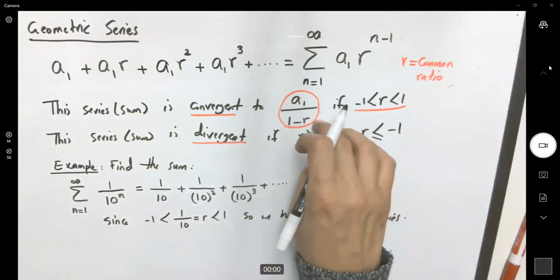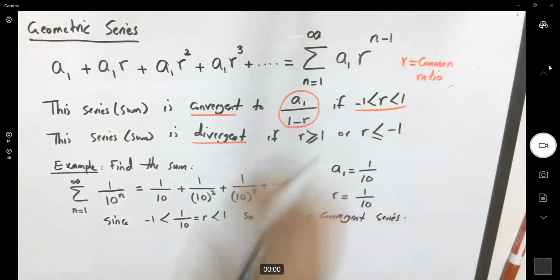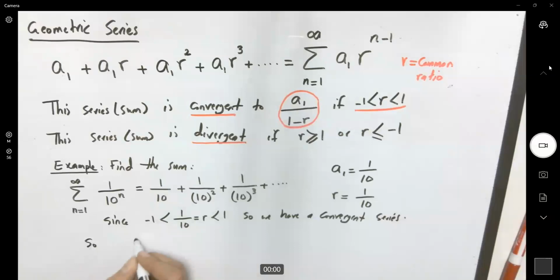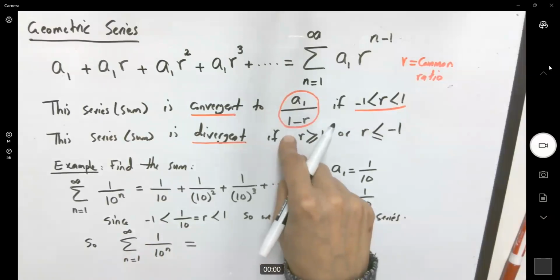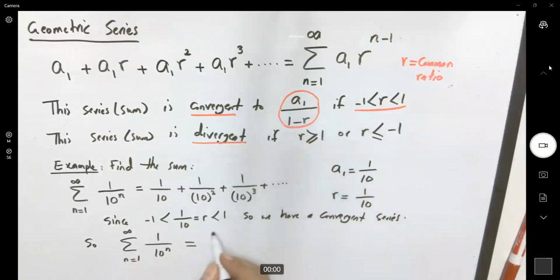It means that I can find the sum using this formula. So the sum of 1 over 10 to the n, starting from 1 to infinity, must be equal to this: A1, but A1 is just 1/10, divided by 1 minus R, which is 1 minus 1/10.